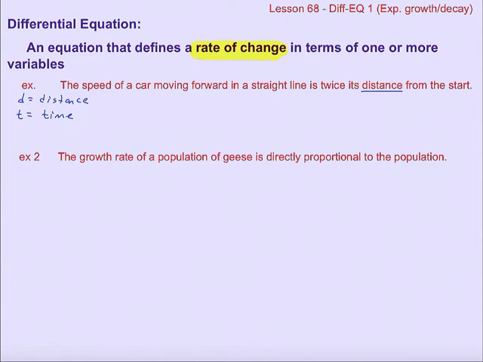It is the speed of the car, which is something we've been talking about all year long. We've just been calling it something else. We've been calling it derivative. The speed of the car moving forward is dD/dt. That's the rate of change that I was talking about a second ago.